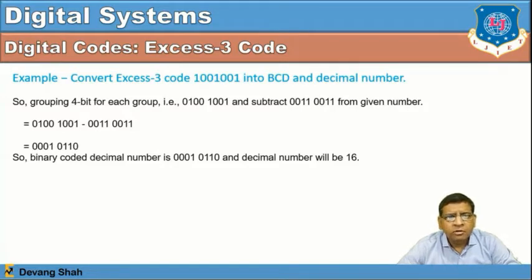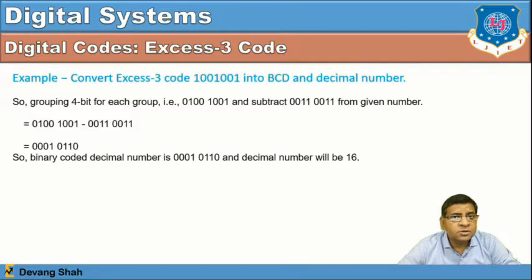So now 1001 and 0100. You make these 7 bits into 8 bits, starting from LSB to MSB, and you make it 1001. That number is 9, and 0100, that number is 4. So for 4 and 9, individually you have to subtract 3, right?